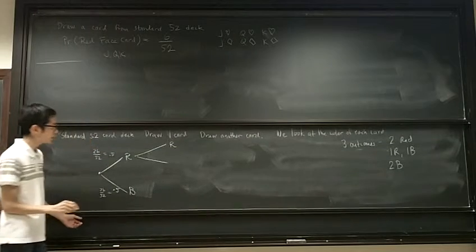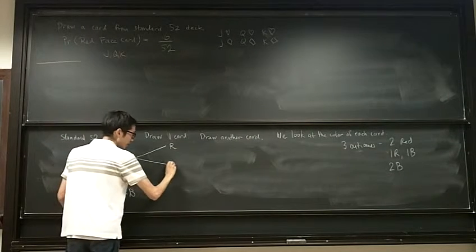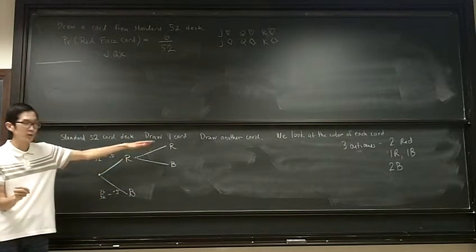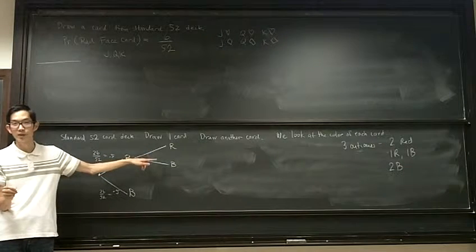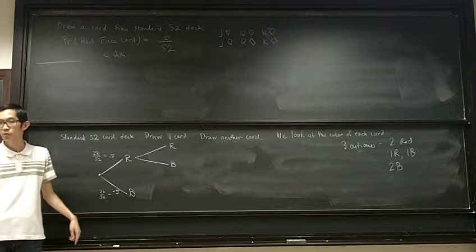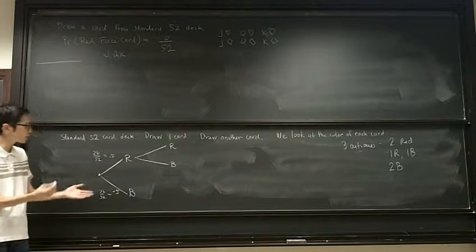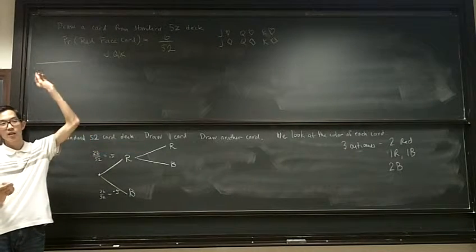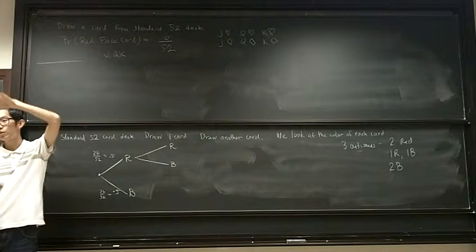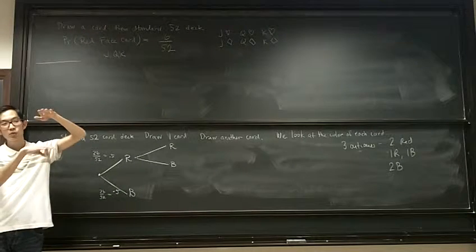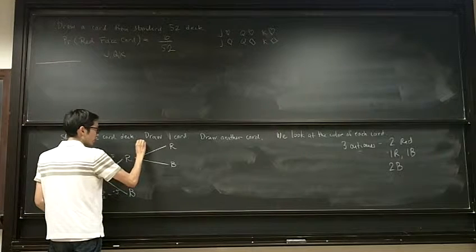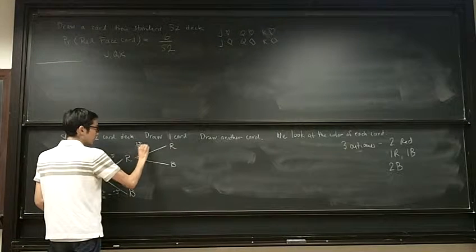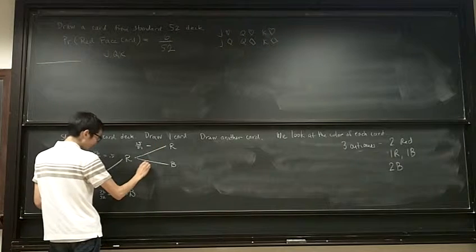What's the probability that the next card I draw, the second card, can either be red or black? What's the probability that the next card is red? 25 out of 51. It's no longer 0.5 because after I've taken the red card out, there's 51 cards left. 25 are red, 26 are black. So here I've got 25 out of 51, and it's going to give me some number.